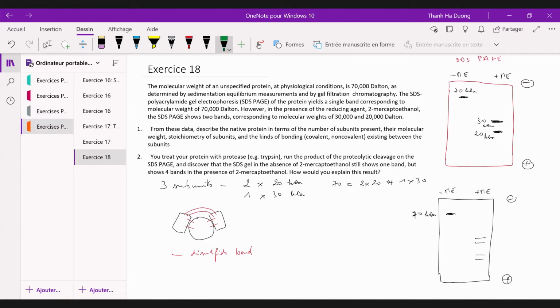Yes, probably. Indeed, you probably cut the protein with the trypsin. Maybe you cut here and here.